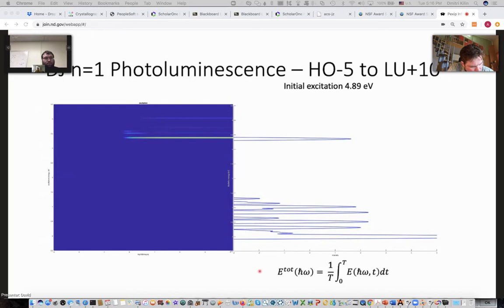This one, we're looking at a slightly larger initial transition for the same model. In this one, we're looking at HOMO -5 to LUMO +10. And we see that our major peak is at pretty much the same level as if we just excited the HOMO to LUMO +1 like the previous slide.